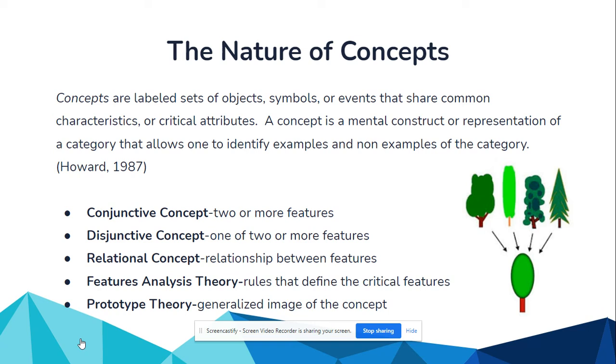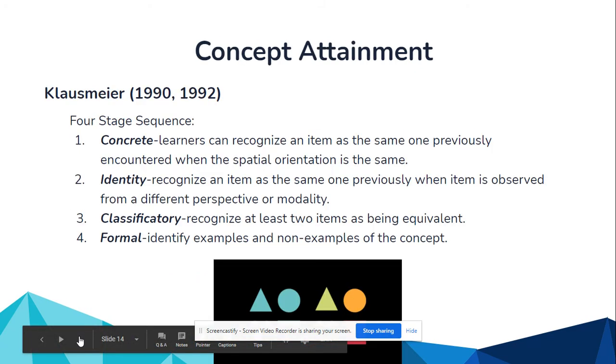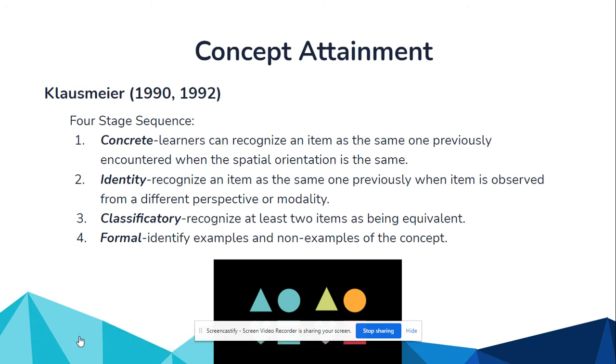So how, in this nature of concepts, does one attain concepts? What is happening here? There are multiple ways to learn and modify concepts. I will be focusing on Klausmeier's tested model of concept attainment. Competence at each level in this four-stage sequence is necessary and important for attainment before moving on to the next level.